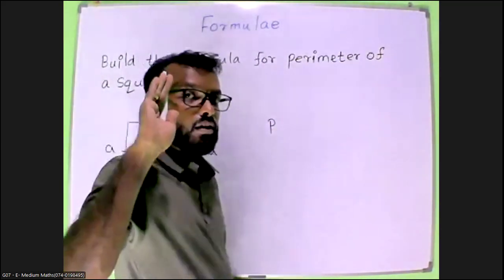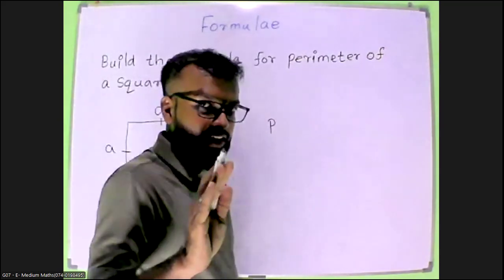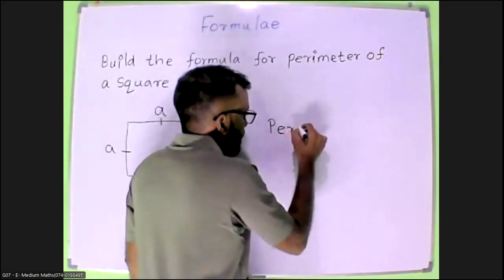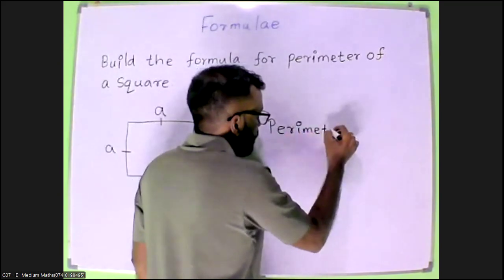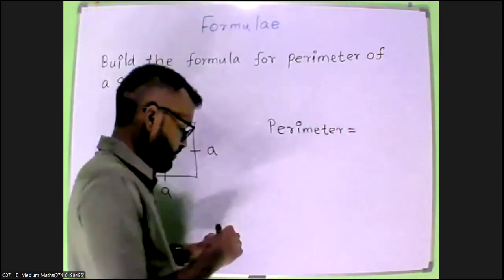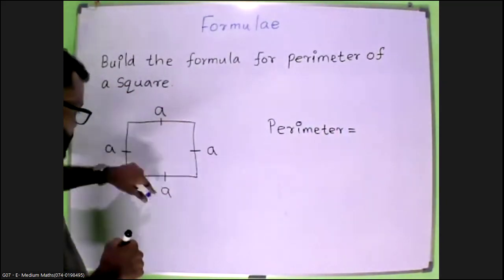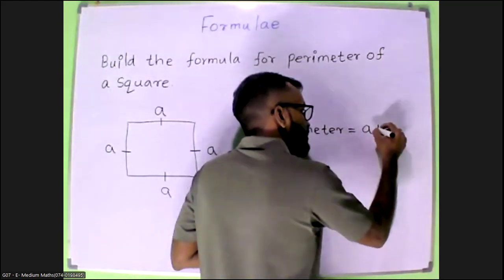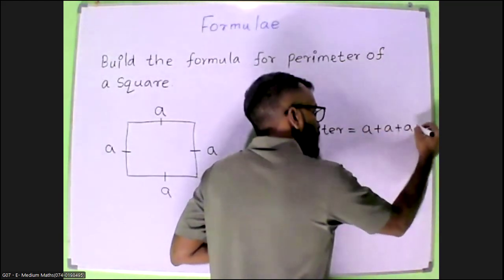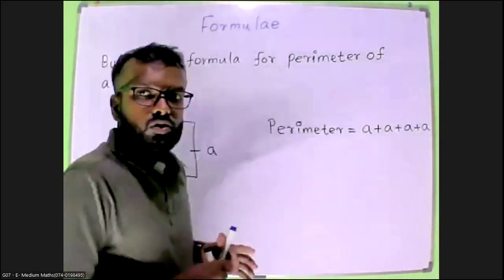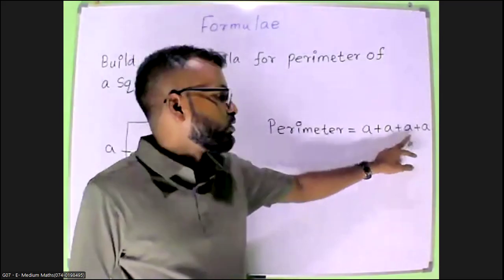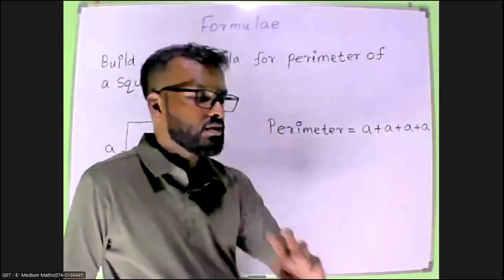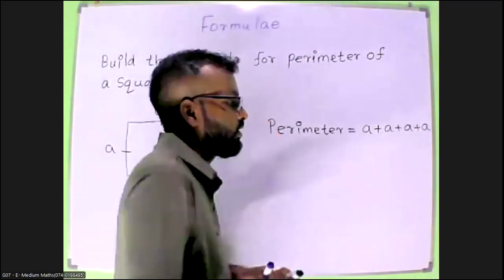These things have been learned in grade 6. Perimeter equals A plus A plus A plus A, the summation of the lengths of the sides. These are same terms, so it is 4A.